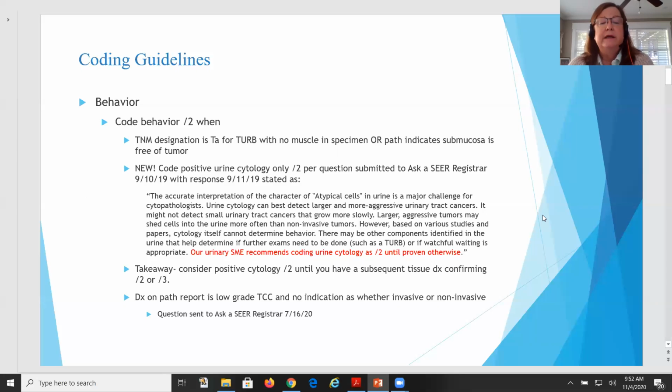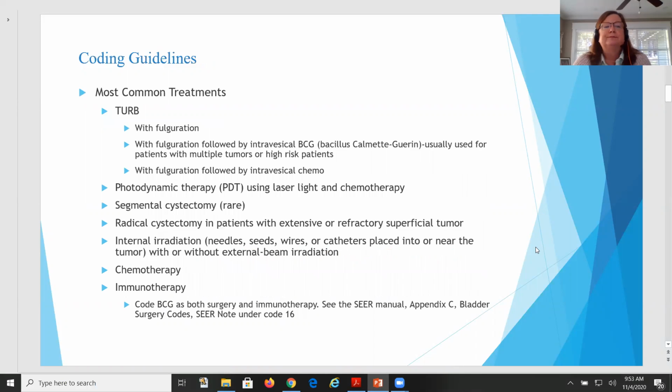So the takeaway is, consider positive cytology as a behavior of 2 until you have a subsequent tissue diagnosis confirming whether the behavior is 2 or 3.